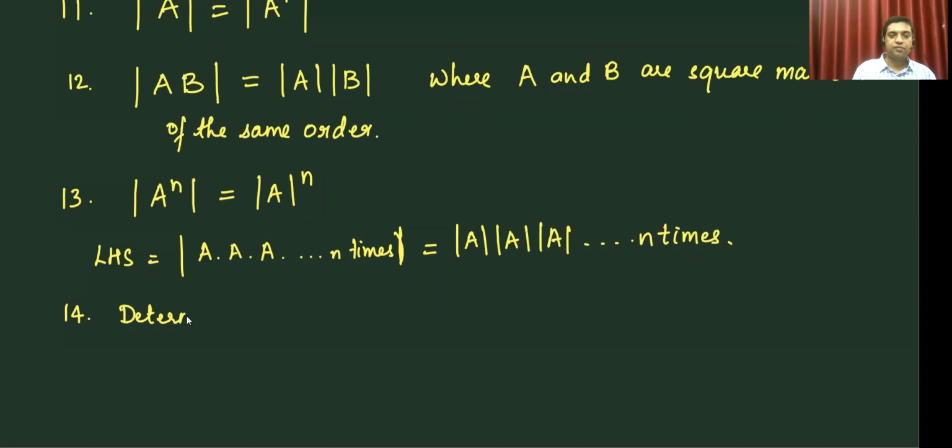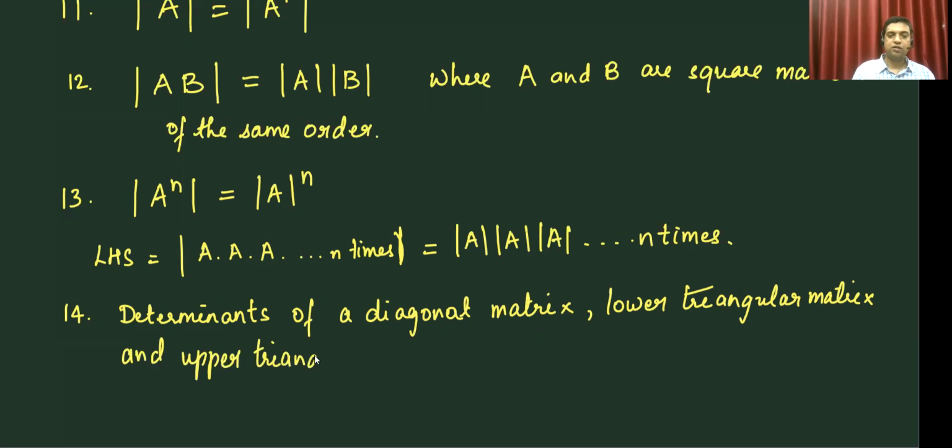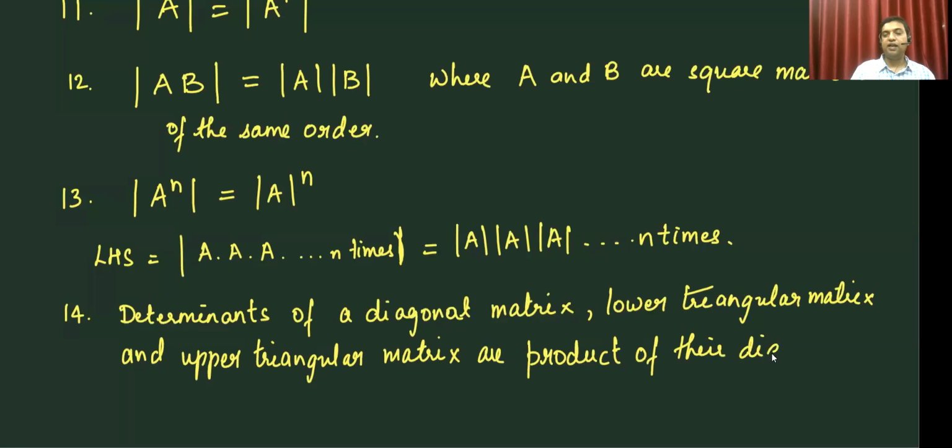Determinant of a diagonal matrix, or lower triangular matrix, and upper triangular matrix are products, product of their diagonal elements.